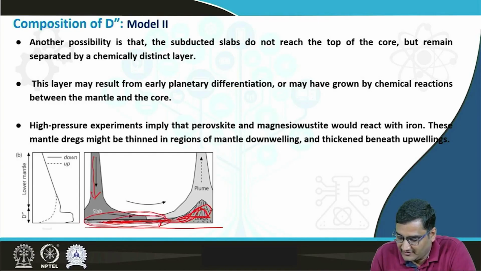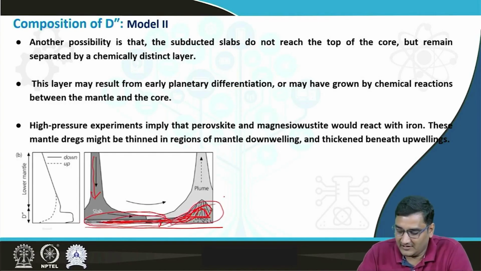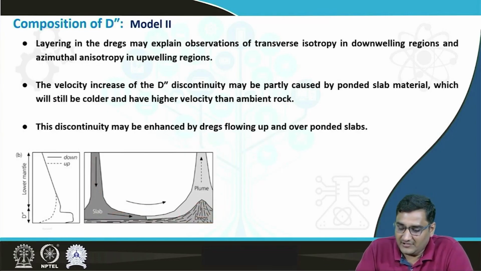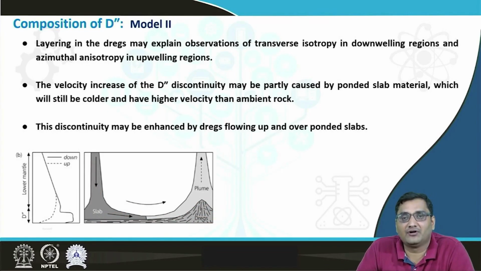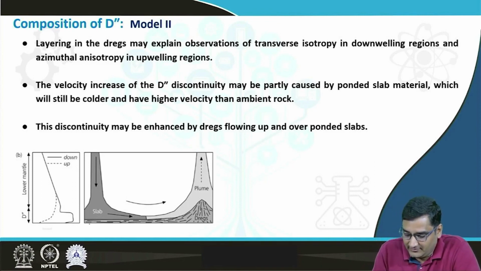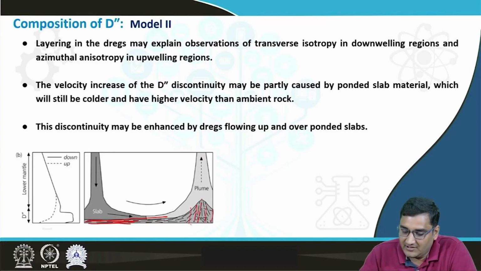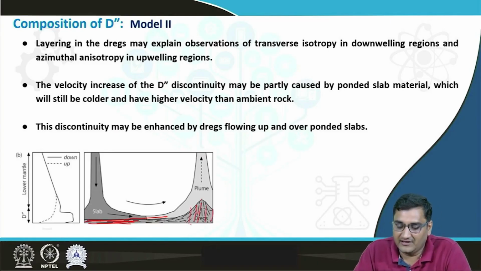Here it is thinner and here it is thicker under the upwelling areas. So layering in the drags may explain observations of transverse isotropy in the downwelling region. Because the layering is happening in the thinned region underneath the slab within the drag, it may explain the transverse isotropy, while in this region, because the vertical sheets are present like this, it may explain the upwelling region in terms of azimuthal anisotropy.